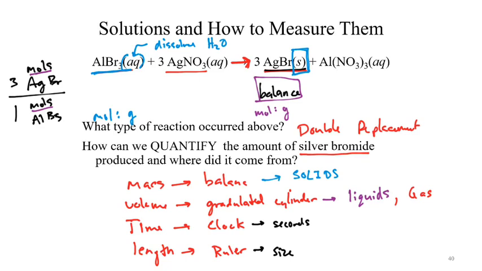Water isn't doing any chemistry here. It's not showing up in my conversion factor coming from the chemical equation. Okay? The only thing that I need access to is the aluminum bromide. But if it's already dissolved in water, how do I pull that information out? Well, I'd have to be given more information about it. The information that I would need would be a concentration of the solution.